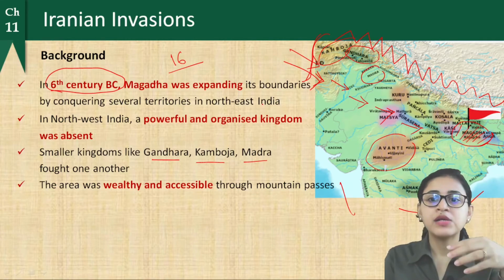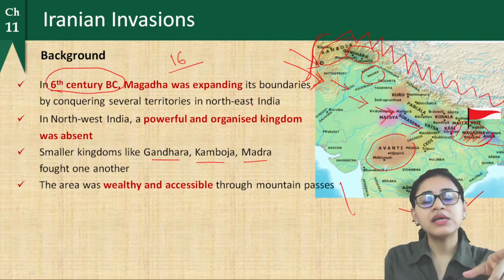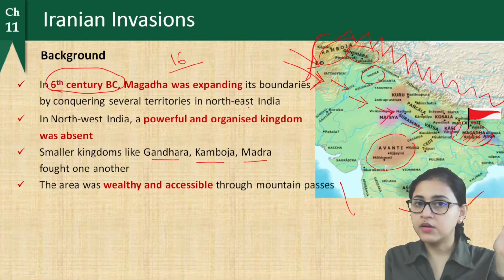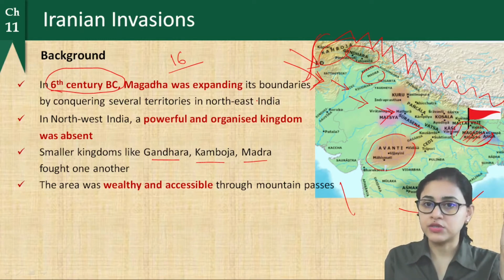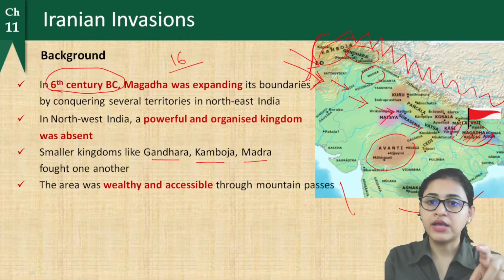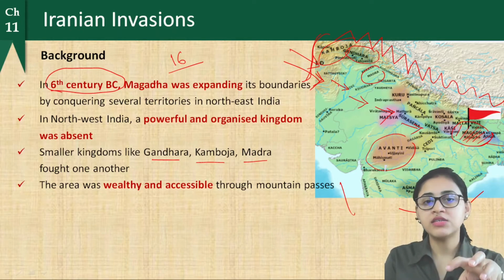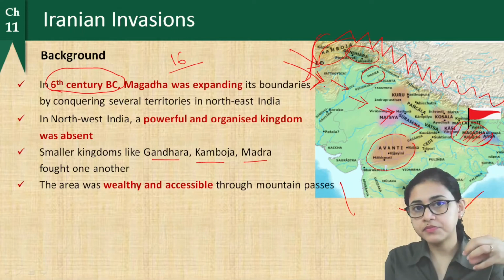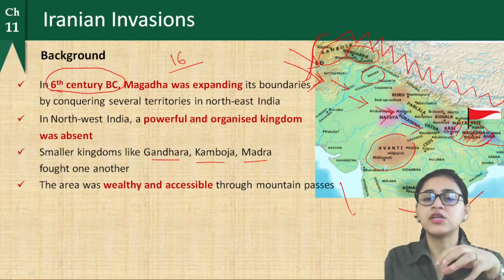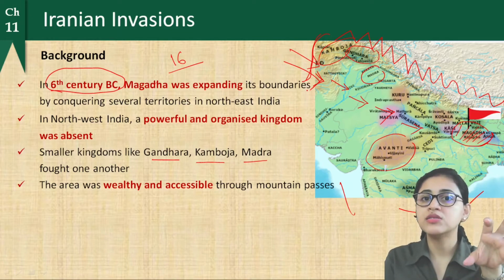Such a big empire like Magadha could not emerge out of these states, right? So the result was that the passes that we talked about, for example, the Khyber Pass, the Gomal Pass, in the Suleiman and the Hindukush mountain ranges, remained unguarded. The smaller territories of the northwestern part of India failed to provide a joint front to these passes.